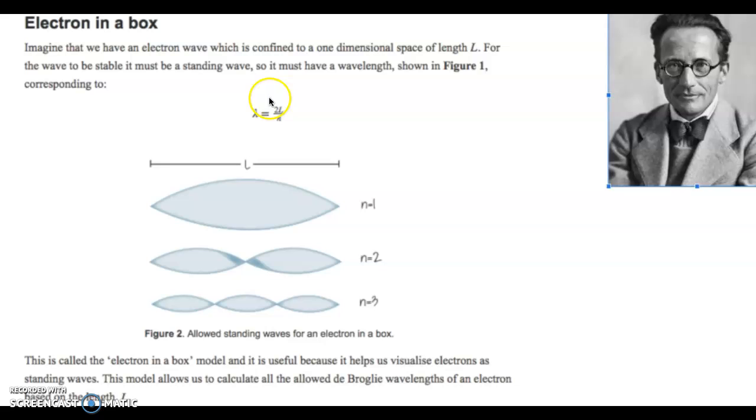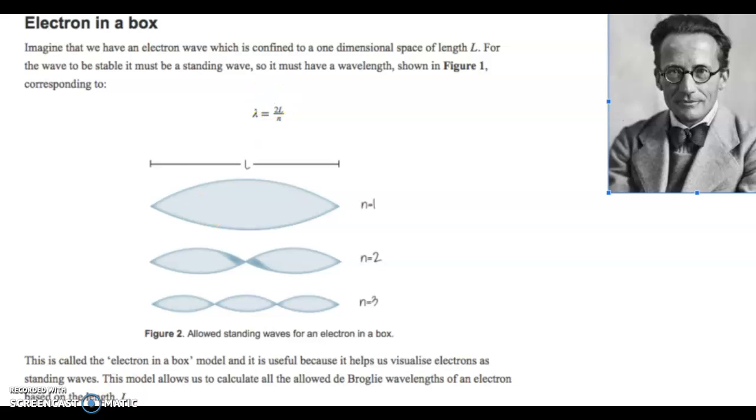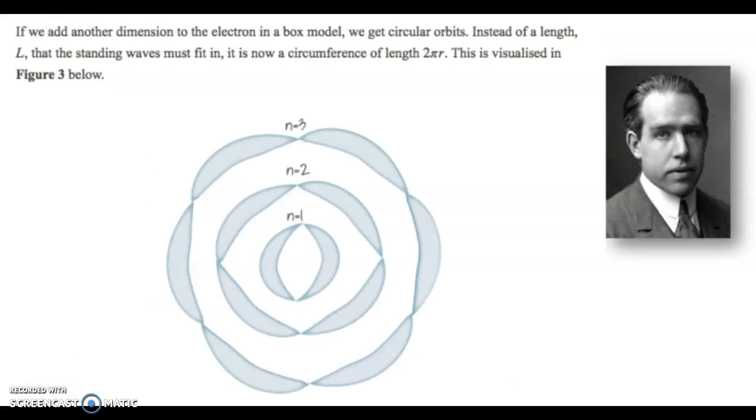Okay. Now, if we go on to conceptualizing the atom using this idea, it would look something like this. This is what our energy levels would look like. So our first level, n equals 1, would have this. This would be our energy level.